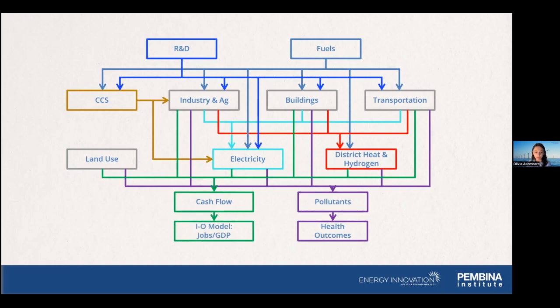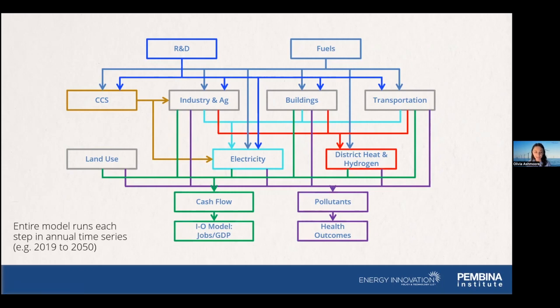We track greenhouse gas emissions as well as criteria air pollutants. This allows us to produce changes in health outcomes like changes in premature mortality or asthma-related impacts. And then the cash flow changes are fed into an input-output model, which is embedded in the EPS and tracks changes in economy-wide spending.